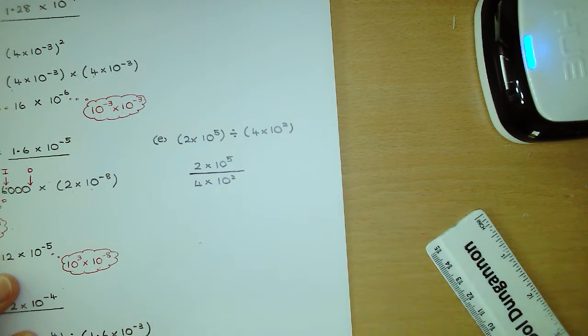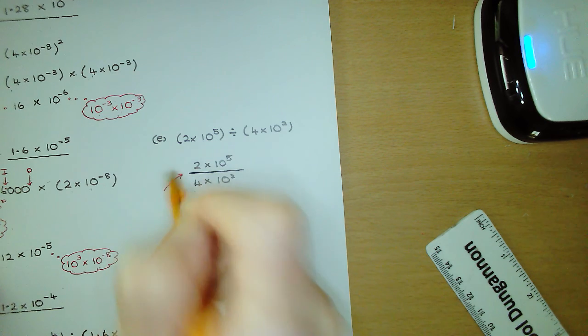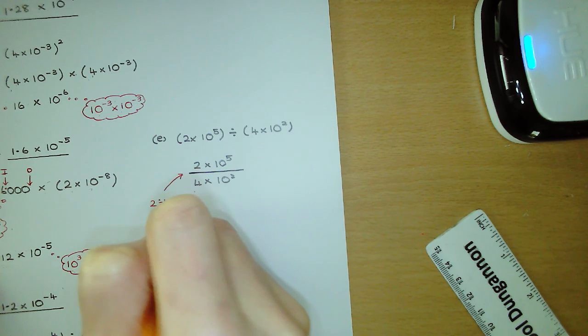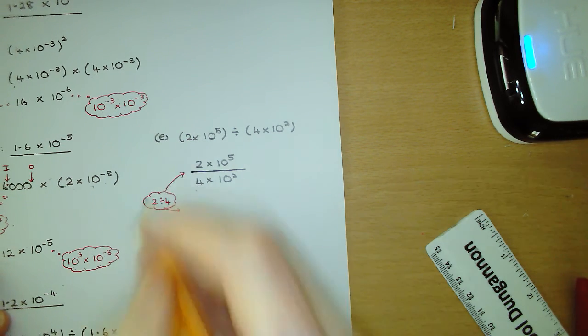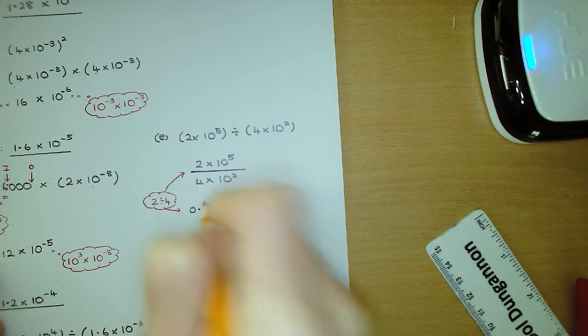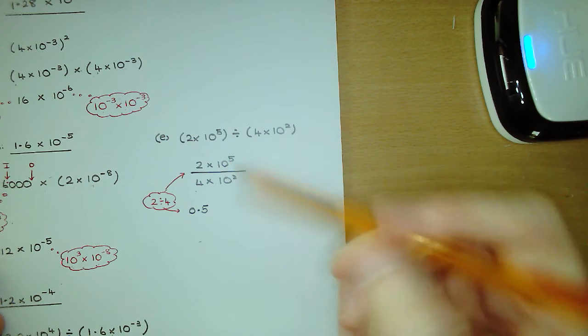So the first thing we're going to do is divide the two numbers that come before the indices. So first thing we're going to do is work out 2 divided by 4. Well, 2 divided by 4 is going to be a half, or 0.5. We're now going to divide the two indices.